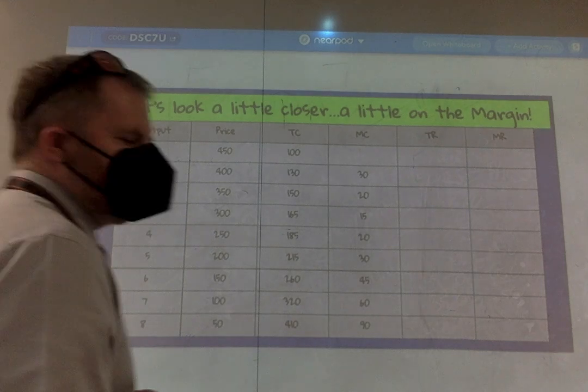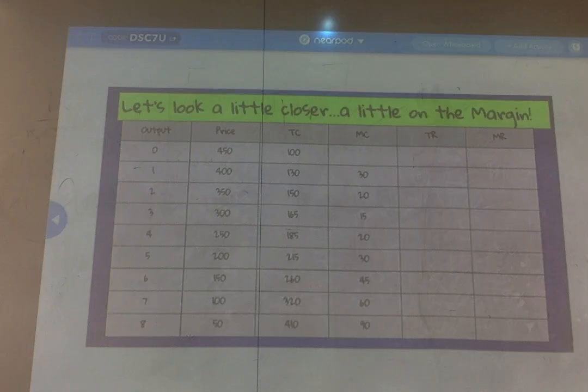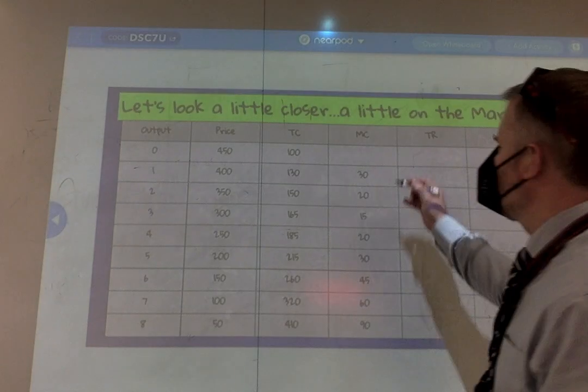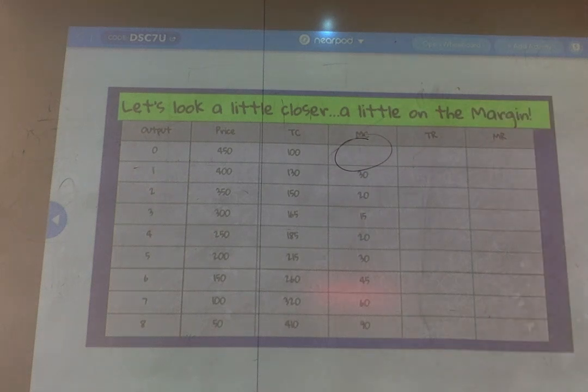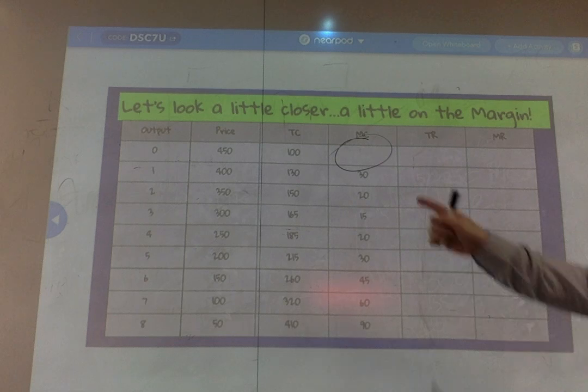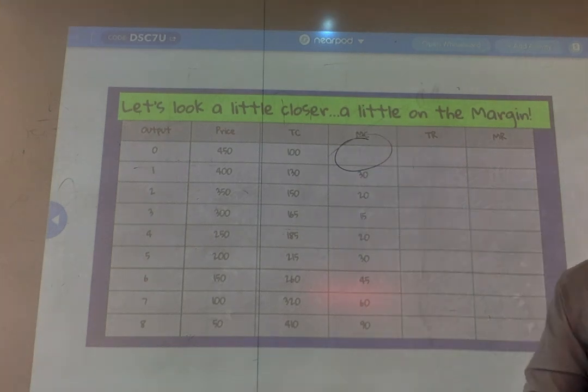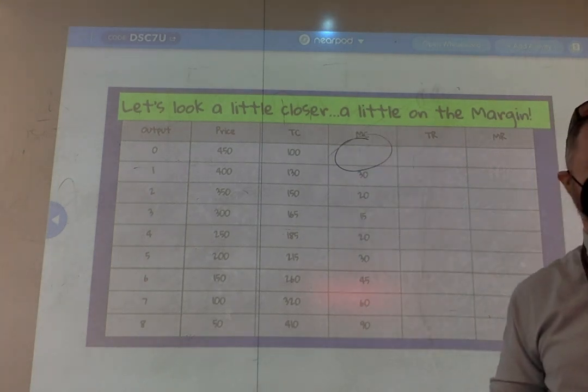All right, here's your mathematical question. Why is that one blank? Because that's the fixed cost. Here, it's marginal cost. I mean, the total cost is 100, right?